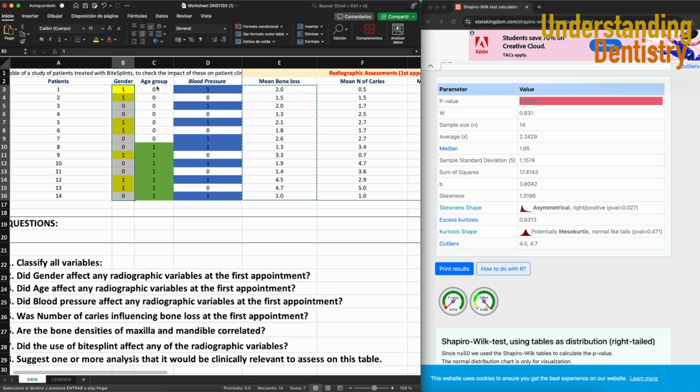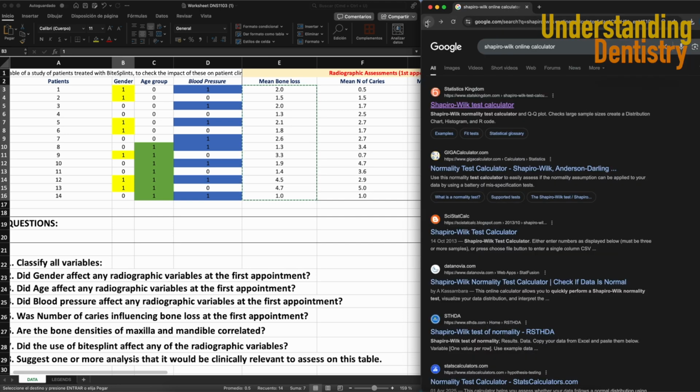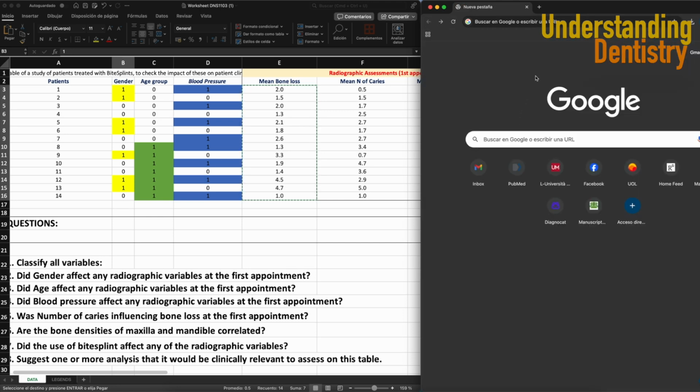So we need to choose a test for independent samples. Independent samples, not normal, and two groups only, then it's Mann-Whitney. So let's go for the Mann-Whitney, and then we need to search on Google and select the Mann-Whitney online calculator.